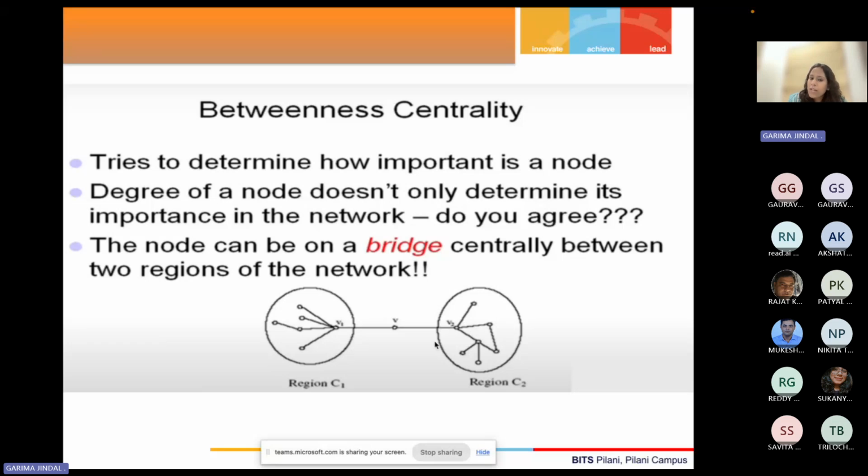So how will it not pass? If I vaccinate this particular person. You have to identify those people who can stop that propagation, who sit between the groups. If everything is passing through this node to another group, then this node becomes very important, and that is betweenness centrality.